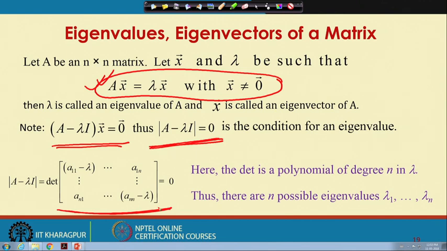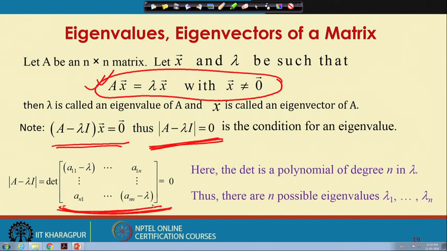So, this determinant is a polynomial of degree n in lambda. So, if you solve this, there are n possible eigenvalues lambda 1, lambda 2 up to lambda n. Why? Because the determinant of A minus lambda I will become a polynomial of degree n in lambda. So, a polynomial of degree n in lambda will have n roots.